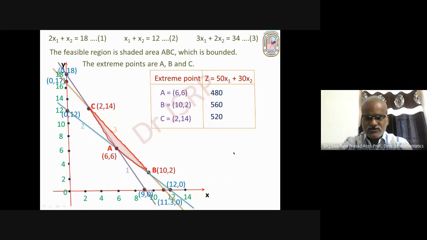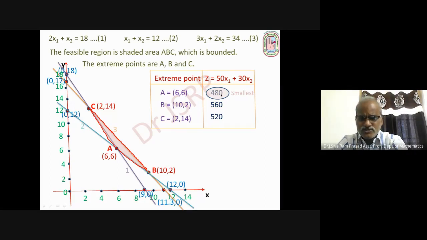Now, what is the nature of the objective function? It is minimization. In the problem, we are asked for minimum Z. So it is a minimization problem, and we have to consider the smallest value. What is the smallest value? 480 is the smallest value, so we take this as the minimum value.